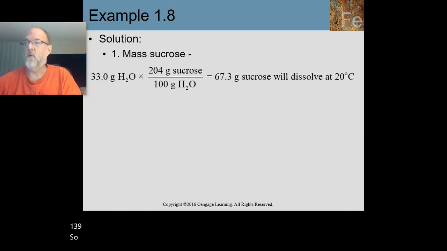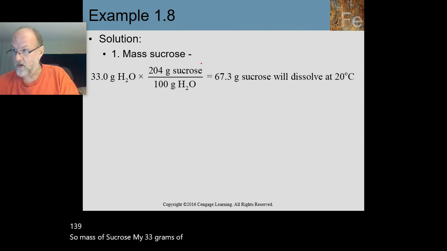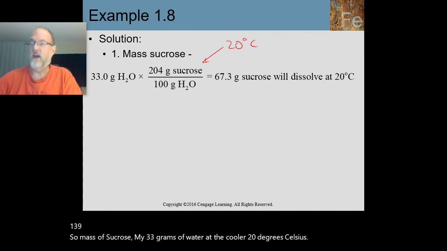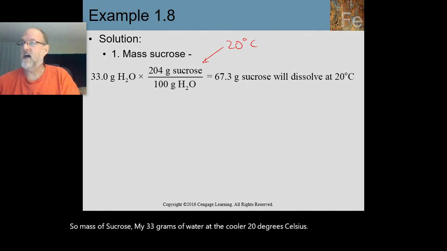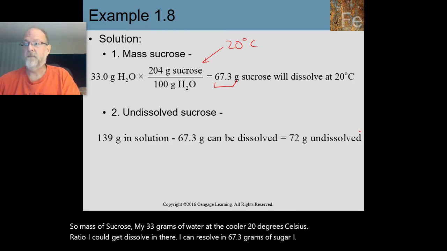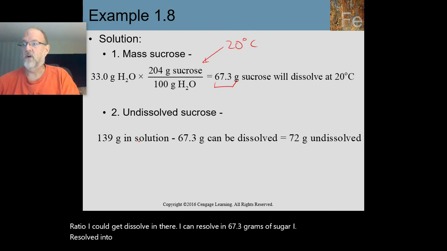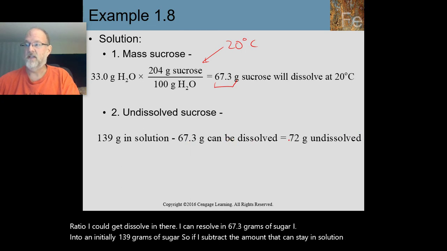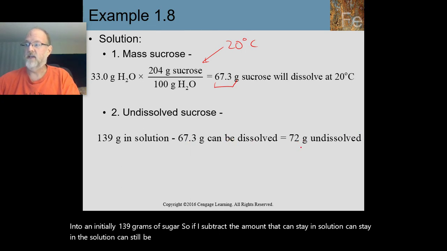My 33 grams of water at the cooler 20 degrees Celsius, using the ratio, I can dissolve in there 67.3 grams of sugar. I dissolved into it initially 139 grams of sugar. So if I subtract the amount that can stay in solution, I get 72 grams. That's how much is going to precipitate out.